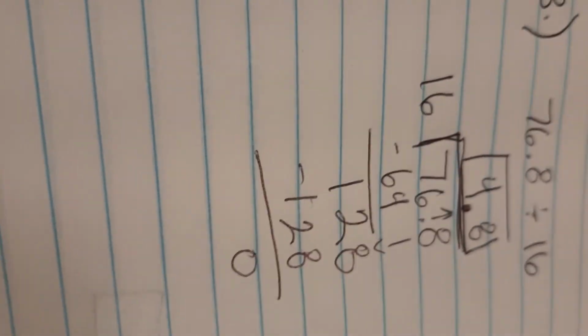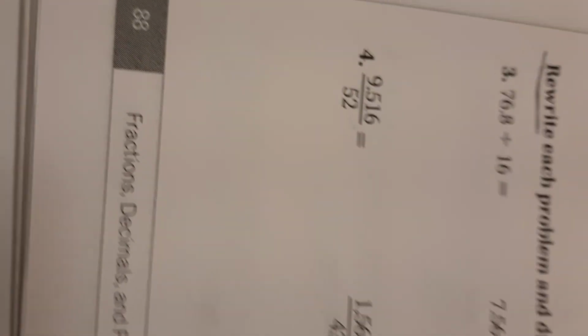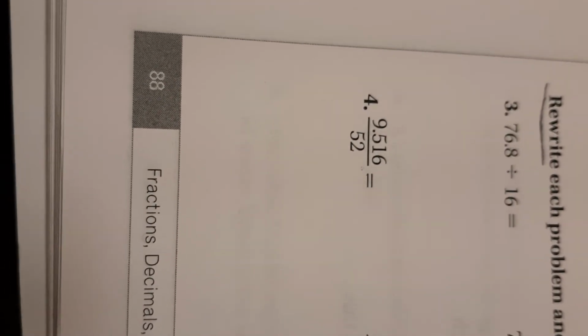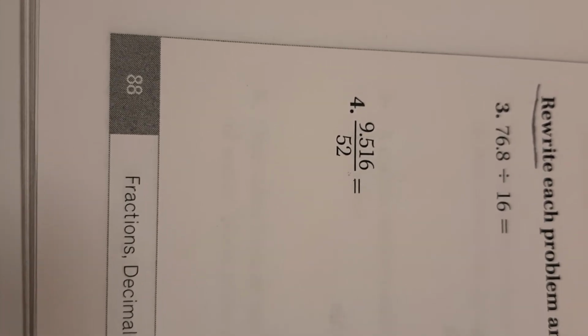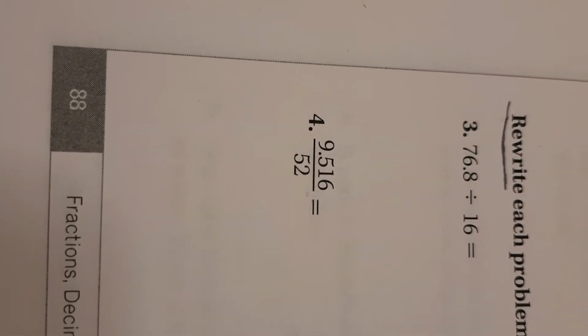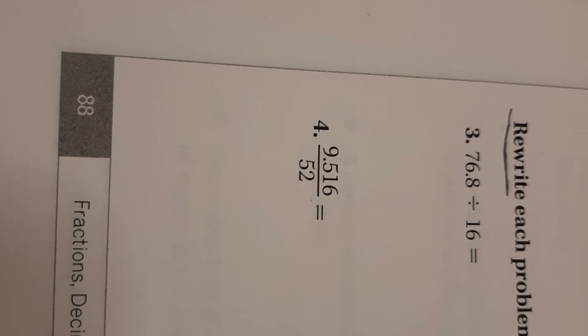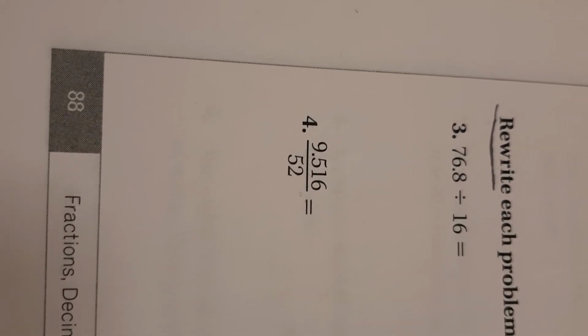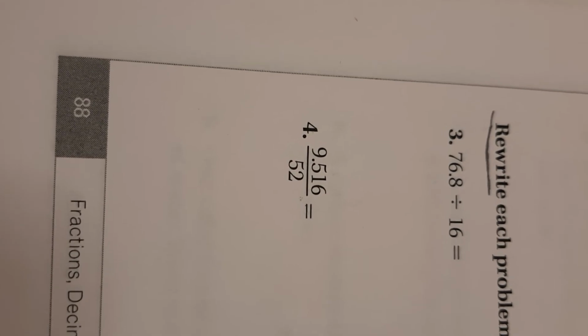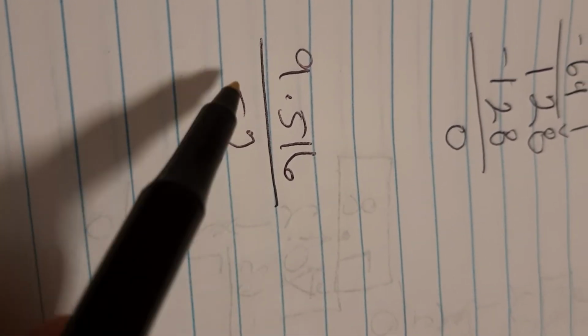Okay. So the next one I want to do, and the last one I want to do with you guys, is going to be on the fourth row. Page 88, row 4, the first one. And this is 9 516 thousandths divided by 52.